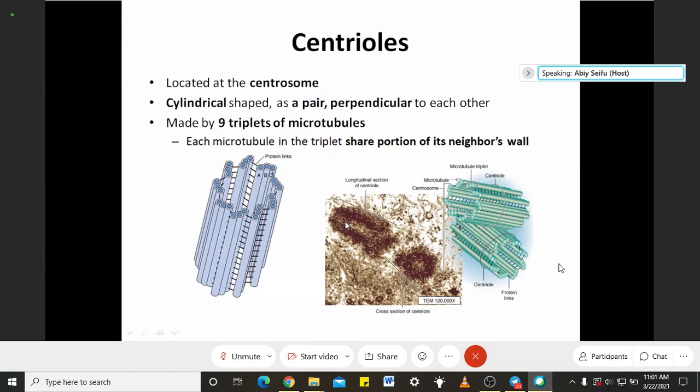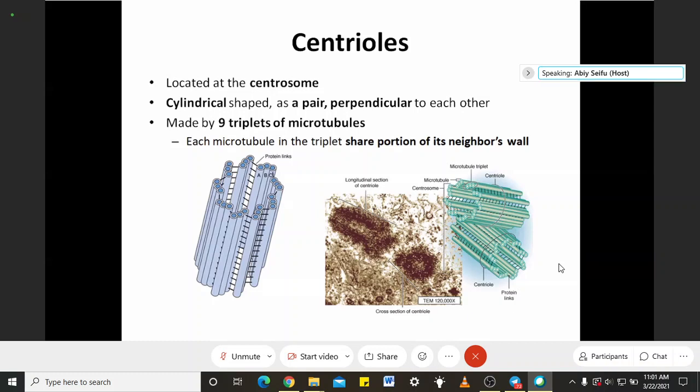Then finally, we have now come to finish the organelles. Before I take you to the non-active structural components within cells known as inclusions, let's look at the last organelle, the last active structure we have in the cell. These are centrioles.